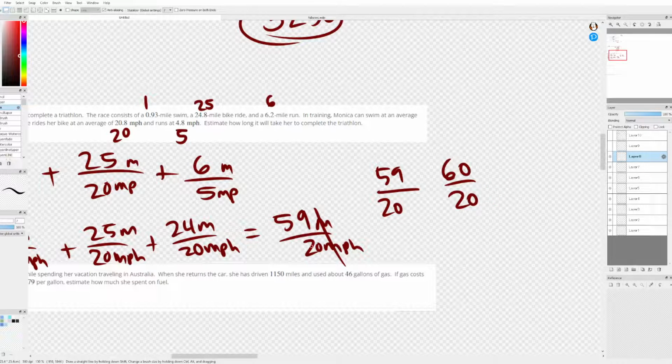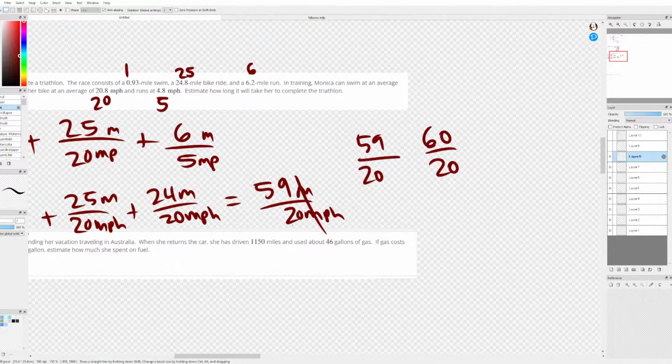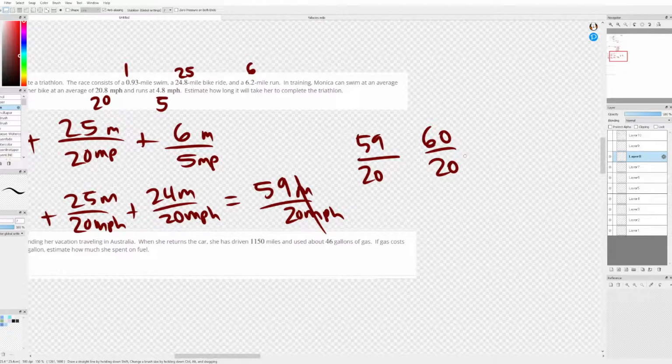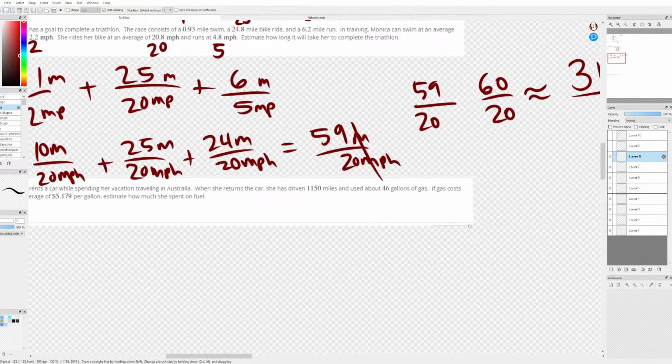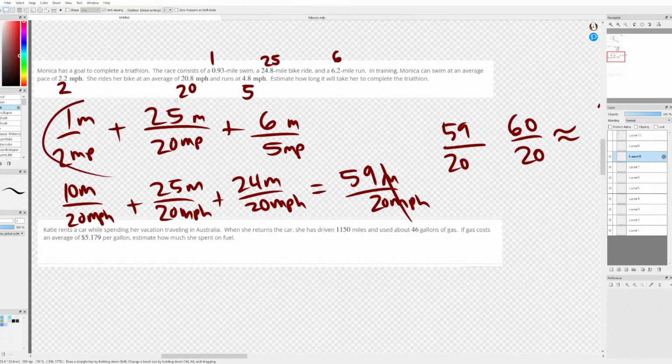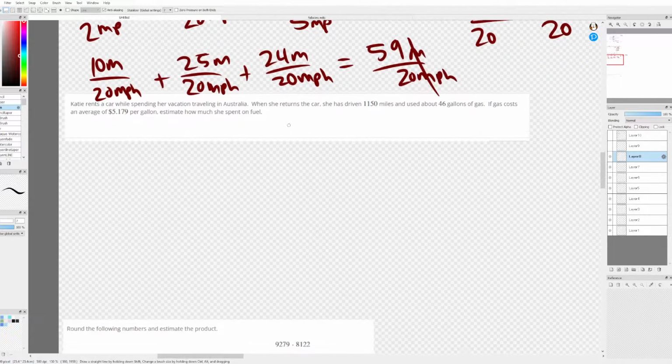Well, I guess in this case it would be in hours, not in miles. We just had forgotten to do that. Anyway, sorry. Then this will give us about 3 hours to complete the race. That's our answer for that one. That one's a little more tricky because there's a lot of parts and you have to work with fractions. But we can move on.